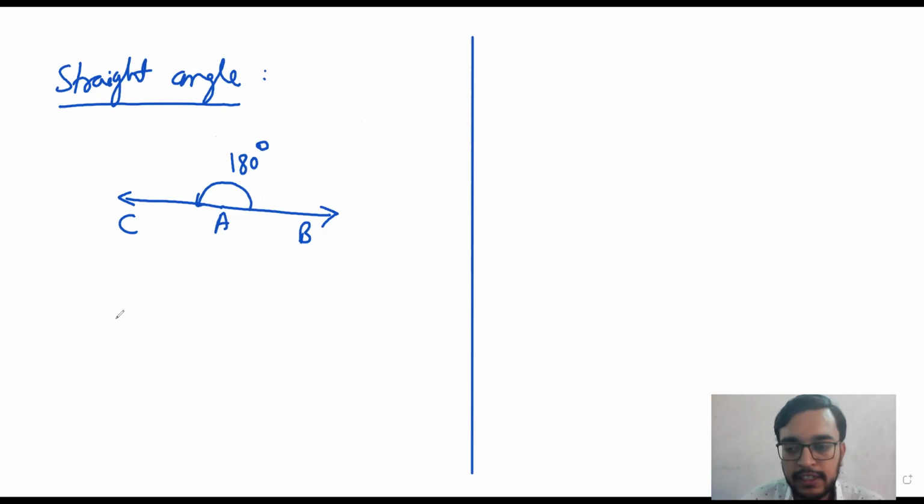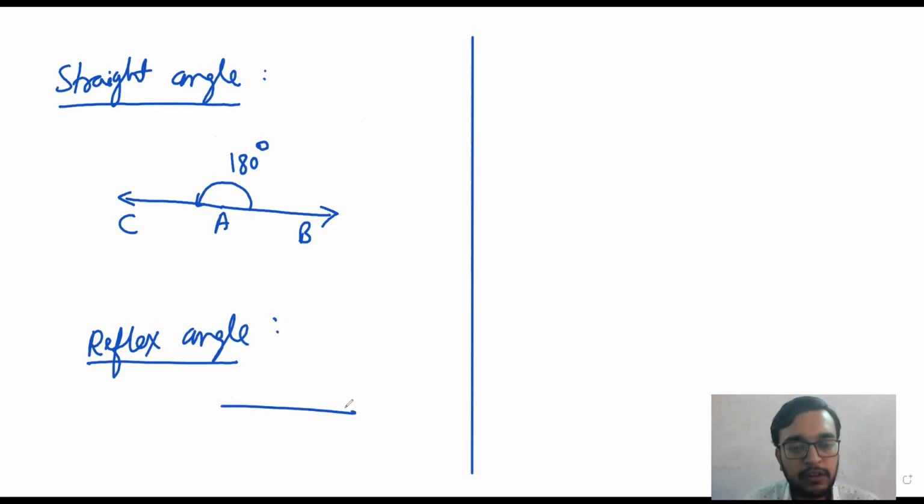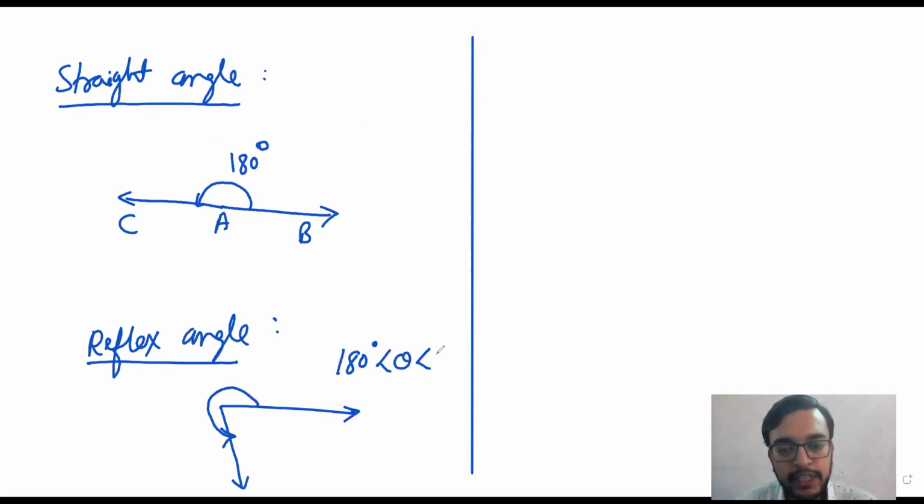Next one is reflex angle. In a reflex angle, the distance between two rays is greater than 180 degree. Here theta is greater than 180 degree and less than 270 degree. This is called the reflex angle.